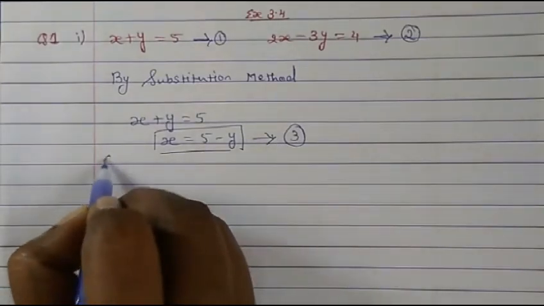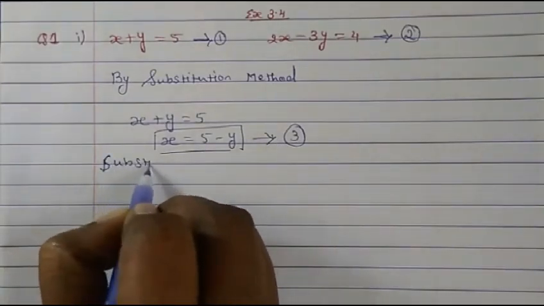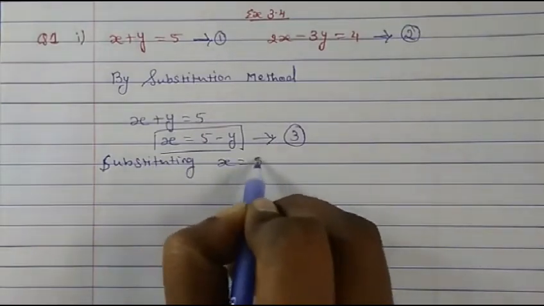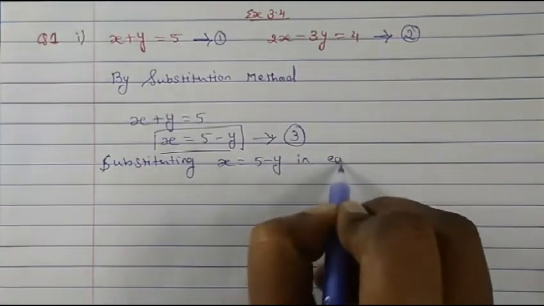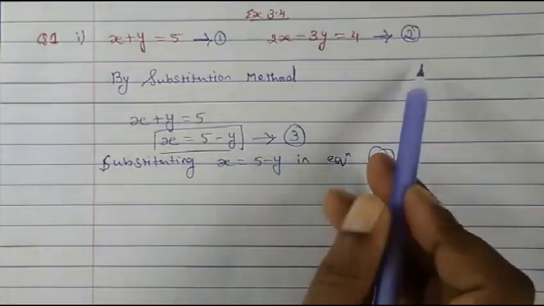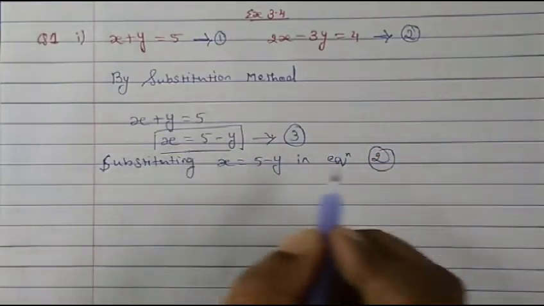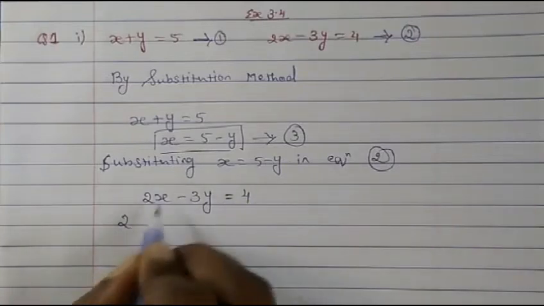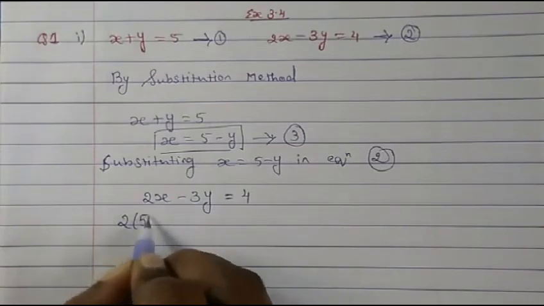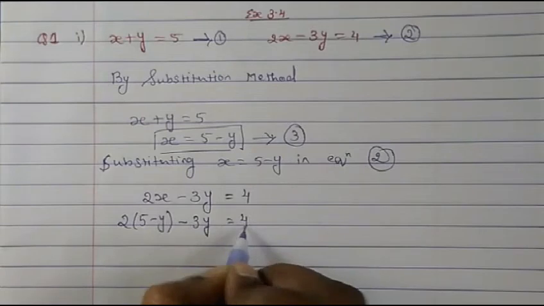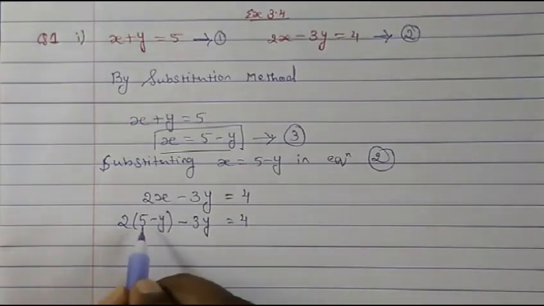Now substituting x equal to 5 minus y in equation 2, because we derived it from equation 1, we'll put it in equation 2. Equation 2 is 2x minus 3y equal to 4. So in the place of x we will put 5 minus y, then minus 3y equal to 4.